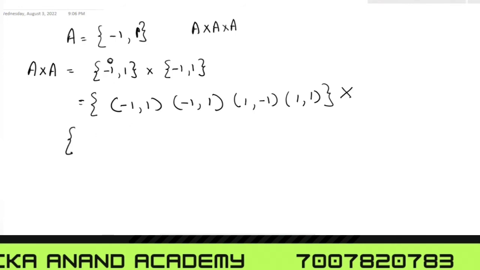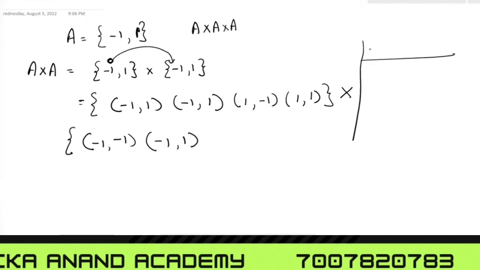Firstly, start from this. Minus 1, then minus 1. This and this. Then this with that. Clear? If you're not able to write, you can write in this way.